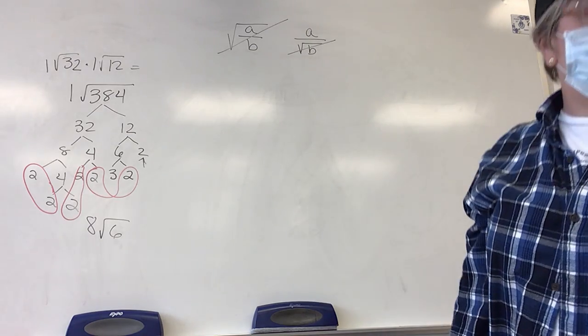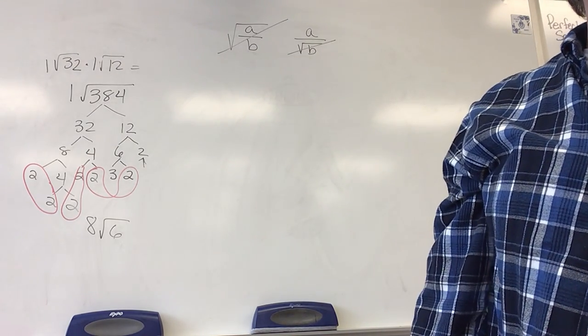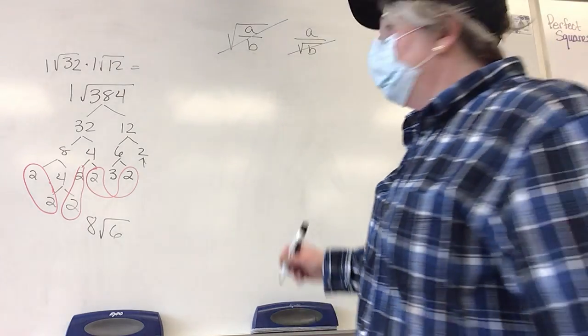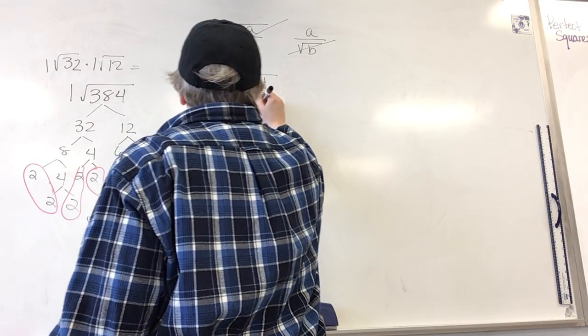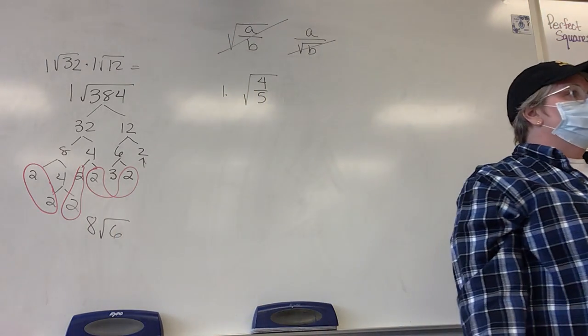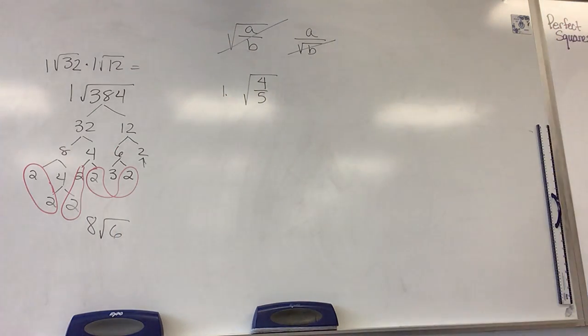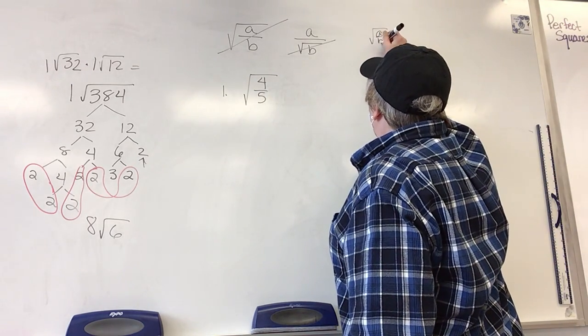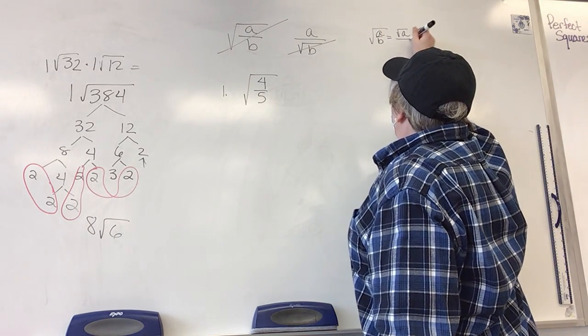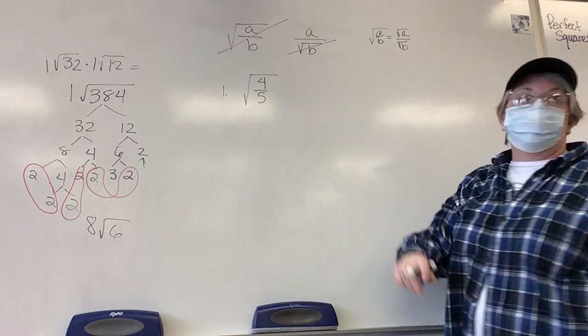So let's do the first one, number 1 on the back. It is a fraction 4/5 underneath the square root symbol. So what you do in algebra, when you have a fraction, you split it up as the square root of the top over the square root of the bottom.